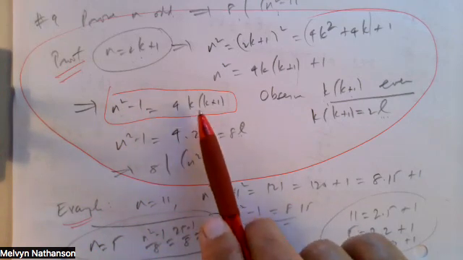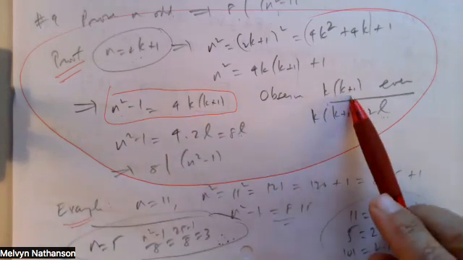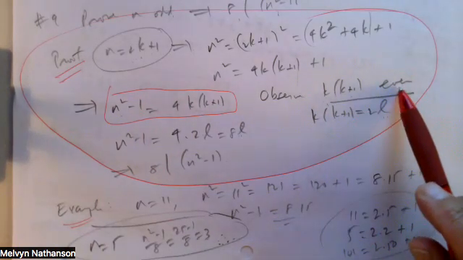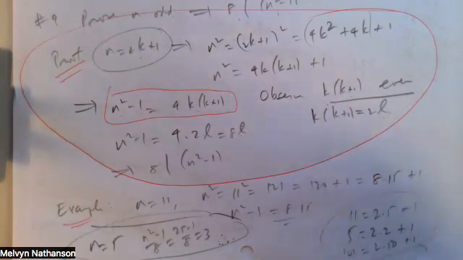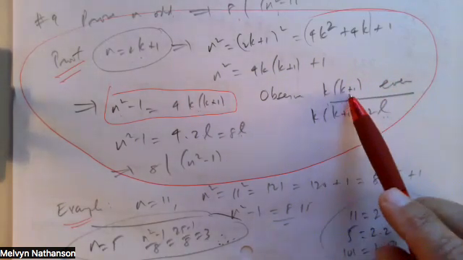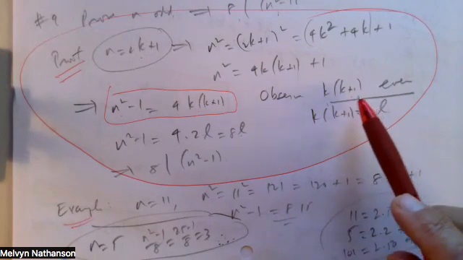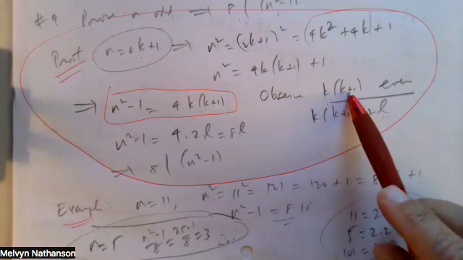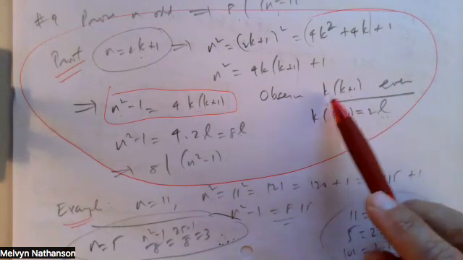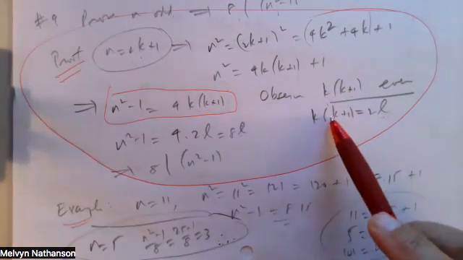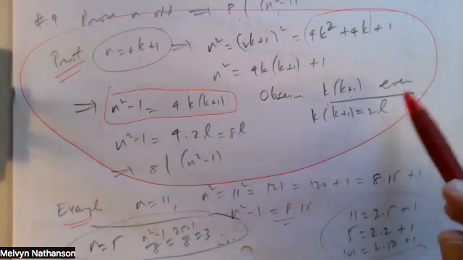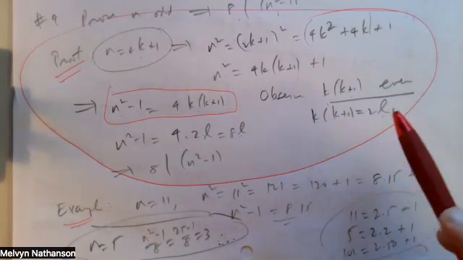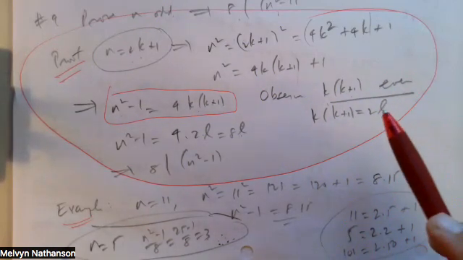And when I look at this, I observe that k times k plus 1 is always an even integer, because either k is even, or if k is odd, k plus 1 is even. So one of these two numbers is even. The product of two numbers, if one is even, is even. So k times k plus 1 is even for all integers k.